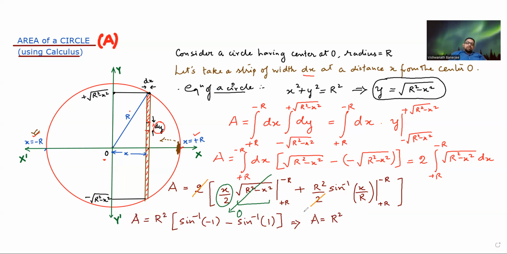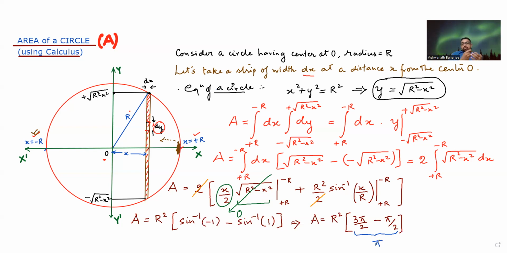Sine inverse minus 1 comes at a value 3 pi by 2. 3 pi by 2 is basically in degrees how much? It is 270. Pi by 2 is 90, into 3, 270. So sine inverse minus 1 is 3 pi by 2 minus sine inverse plus 1 is pi by 2. And therefore, this term, if you see, 3 pi by 2 minus pi by 2 is pi.